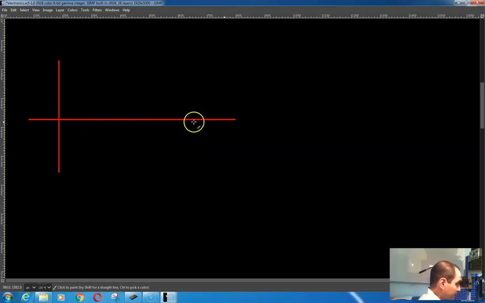This horizontal axis is time, and this vertical axis is voltage, right?